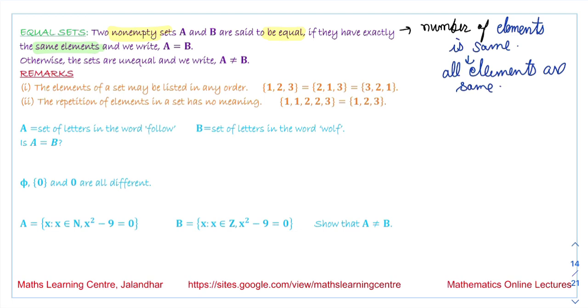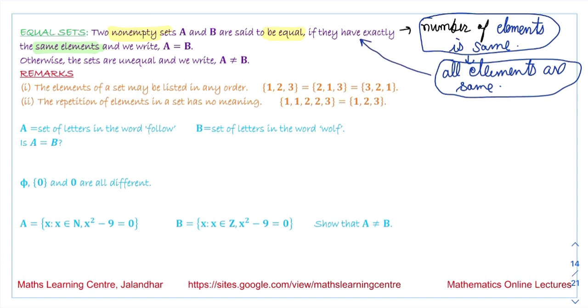We have two conditions. First, the number of elements we count is the same, and all the elements are the same. Then the two sets are said to be equal, and we write A is equal to B. If any of these conditions is not satisfied, then those two sets are unequal sets.